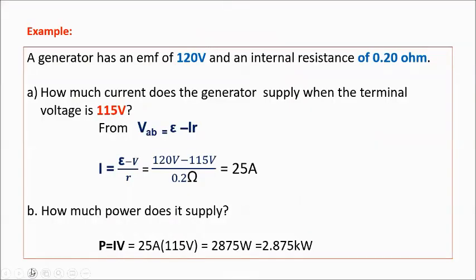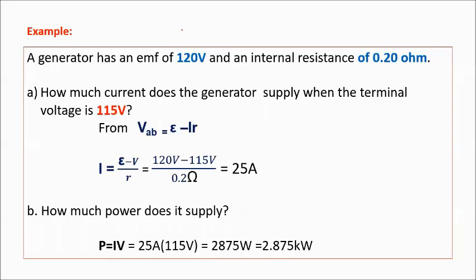So we have the application of what we have discussed in the previous slides. A generator has an EMF, or electromotive force, of 120 volts and an internal resistance of 0.20 ohm. Letter A, how much current does the generator supply when the terminal voltage is 115 volts?